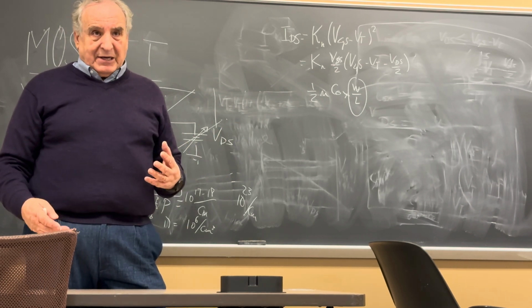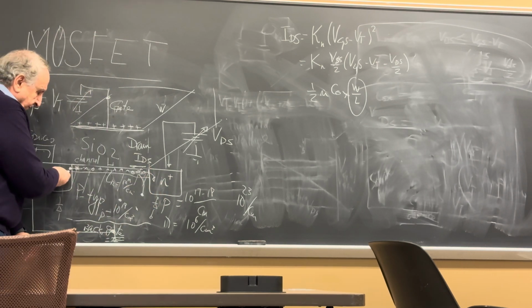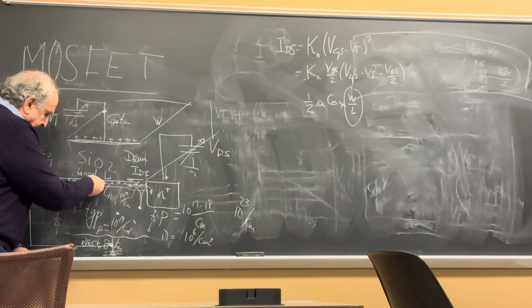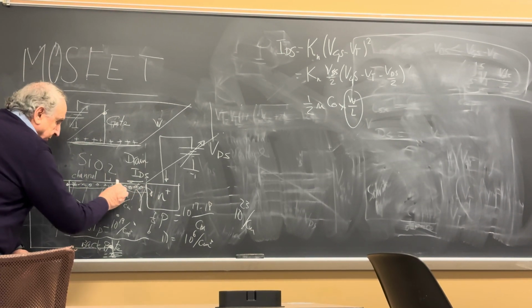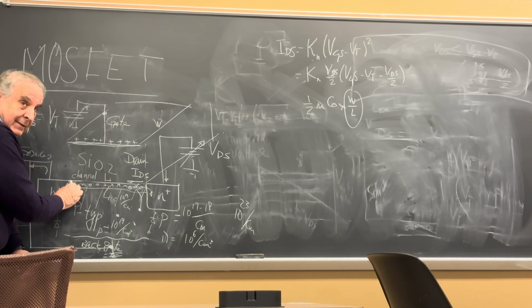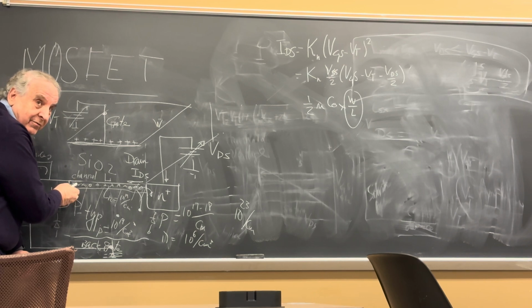That makes sense. If you think of the electron going this way, and you make the channel shorter, you expect the current to go bigger because the electron doesn't have to go very long.